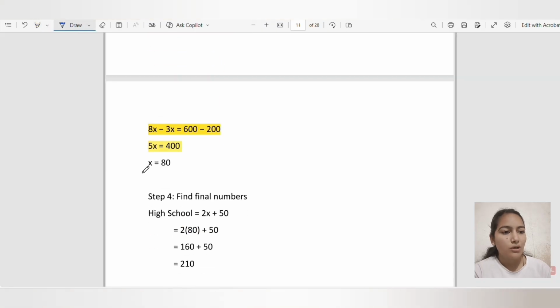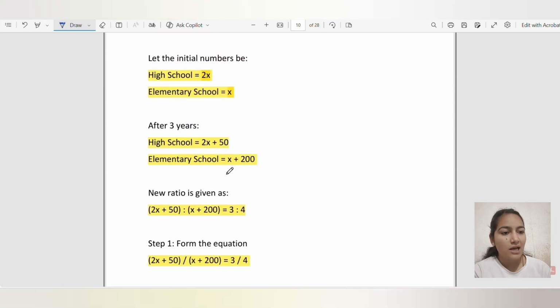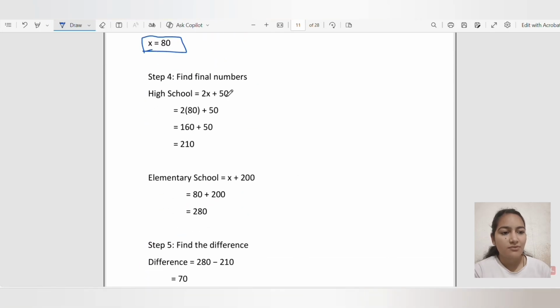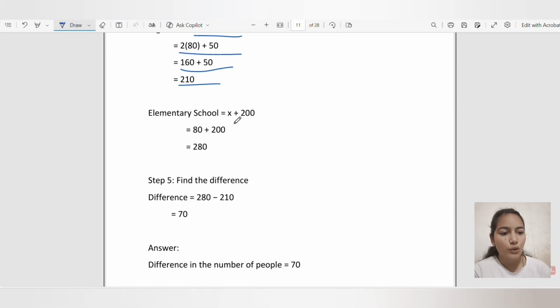Now we will put the value of x in the expressions we assumed. High school is equal to 2x plus 50, so 2 into 80 plus 50 is equal to 210, and elementary school is x plus 200, that is 80 plus 200, that is 280.